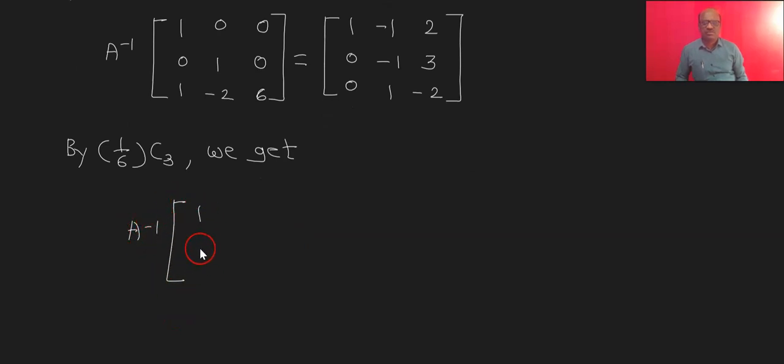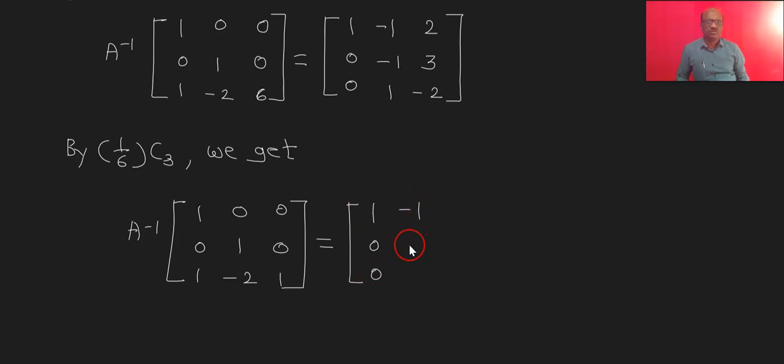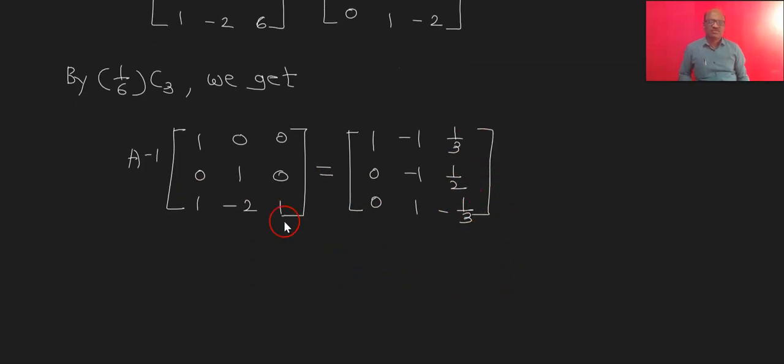The first is 1, 0, 1, 0, 1, minus 2, 0, 0, 1, equal to 1, 0, 0, minus 1, 1, 2 upon 6, which means 1 by 3. 3 upon 6 means 1 upon 2. And last is minus 1 upon 3. Now here is a 1.